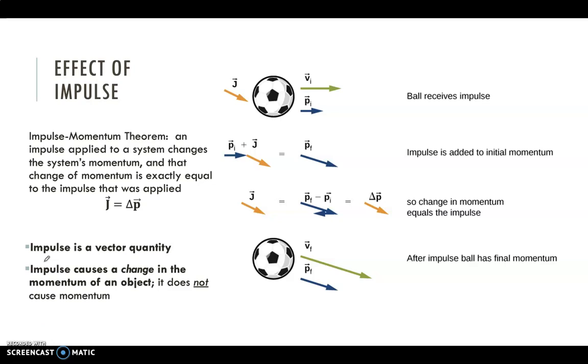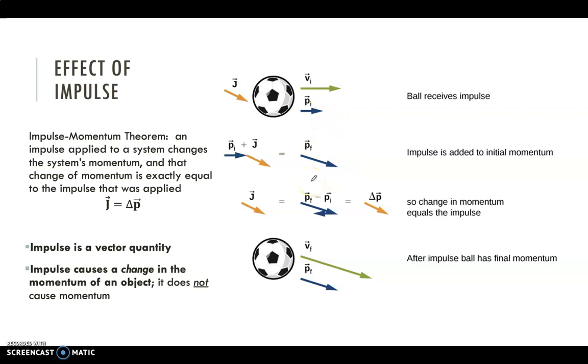Let's look at this pictorially. If we have a soccer ball and it receives some sort of impulse, when that impulse is applied, we add it to the initial momentum of that ball, and we get some final momentum.